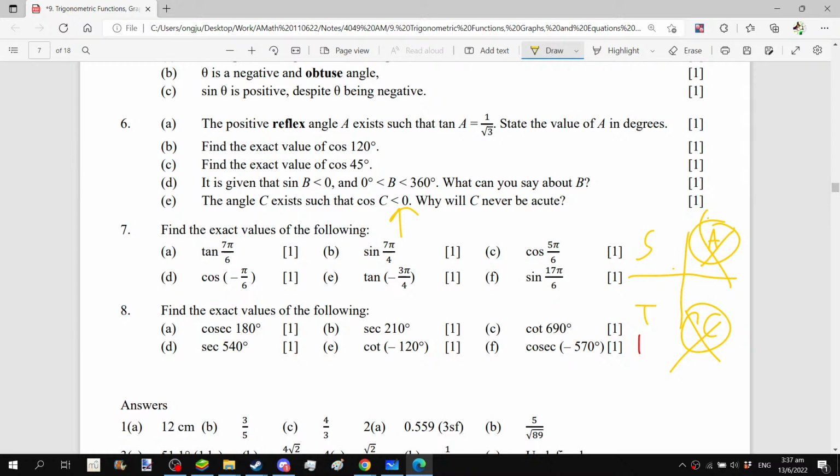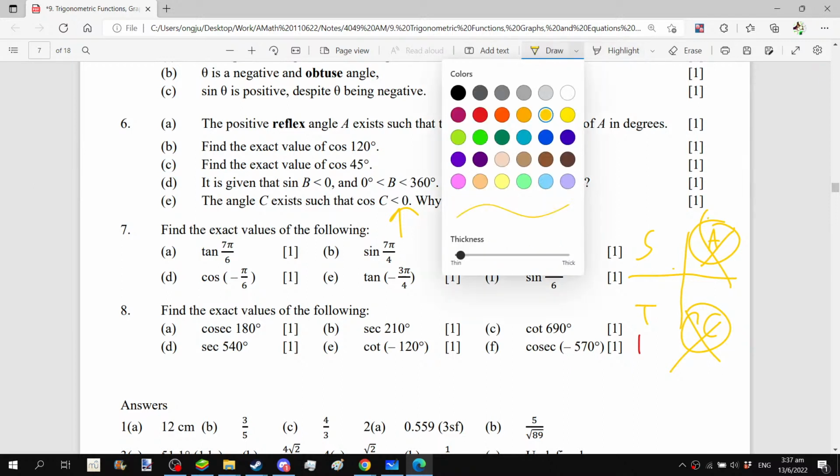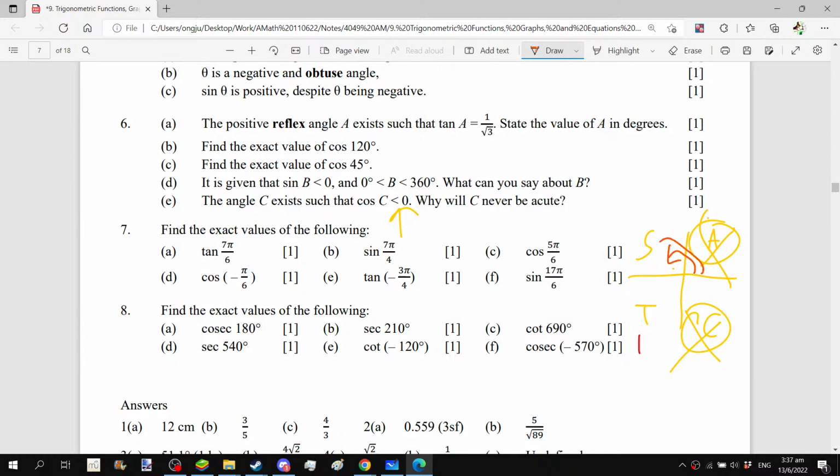You're left with the second and third quadrants, and in both of these quadrants, no matter which direction you approach from, you're going to end up with either an obtuse or reflex angle. So you can simply explain that capital C will never be in the first or fourth quadrants, and so it can never be acute. And we are done.